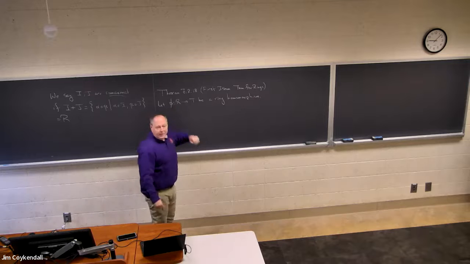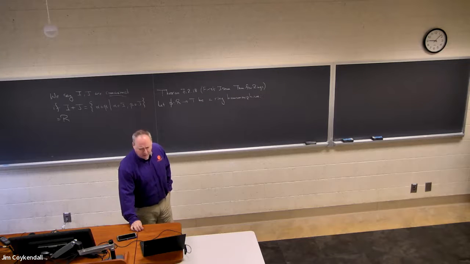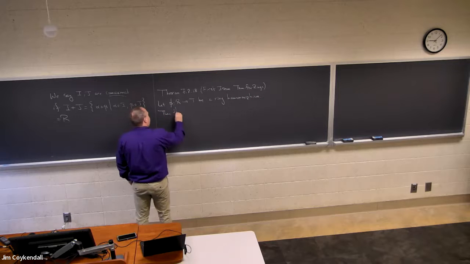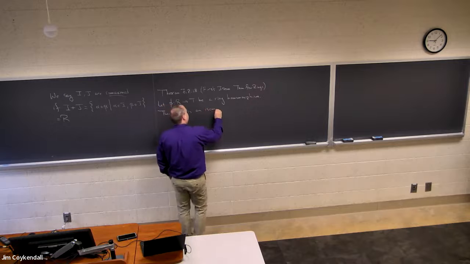So suppose phi from R to T is, instead of a group homomorphism, now a ring homomorphism. Then there is an isomorphism of rings.